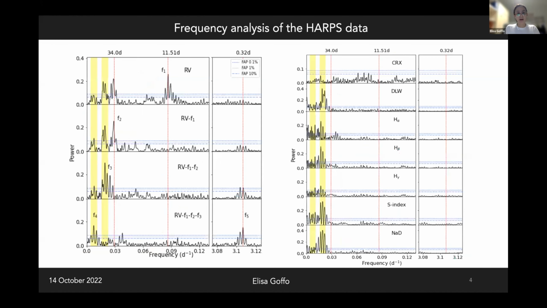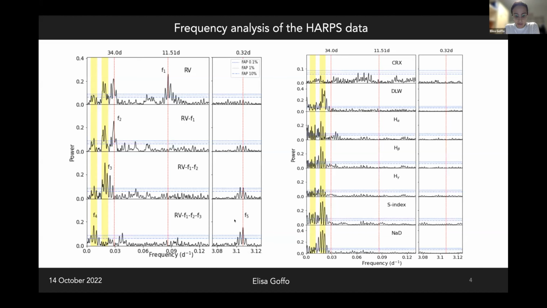So to see which signals are present in our HARPS data, we performed a frequency analysis, and we found two significant signals, one at 11 days and the second at 34 days. These two signals don't present any counterpart in the periodograms of the activity indicators. And this provides evidence that these two signals are caused by the presence of two other planets in the system.